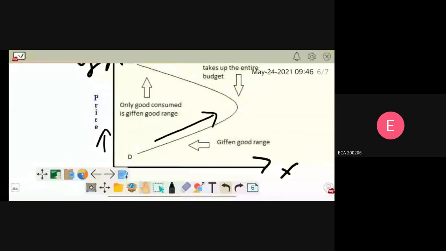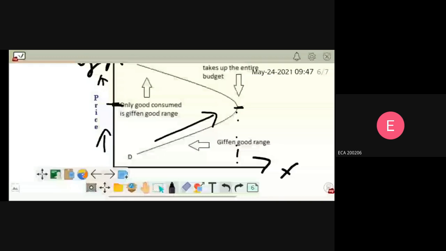But when the price reaches this point, he has spent all his income on the purchase of bread. If the price of bread goes up again, he has to reduce the consumption or purchase of good X, because he has no income to maintain the quantity he previously purchased.